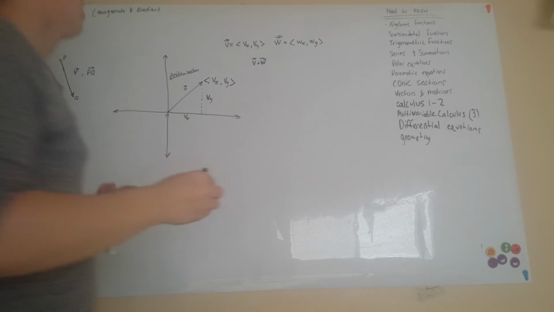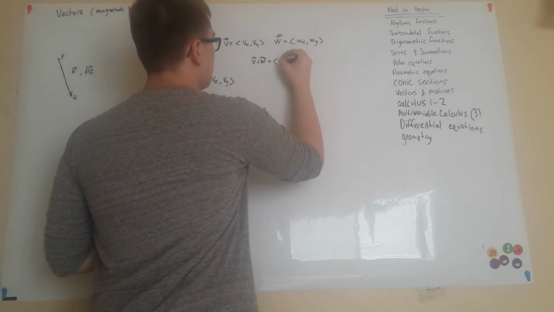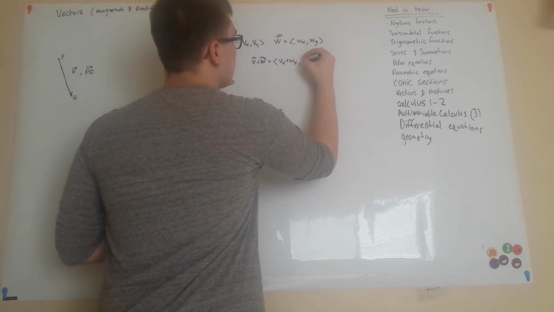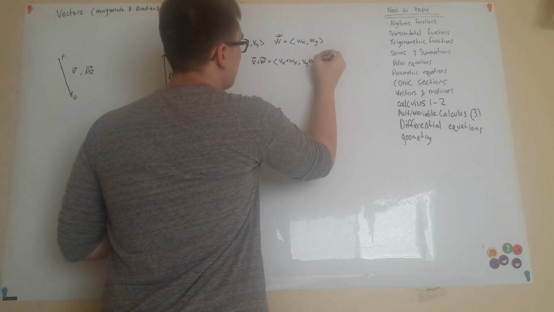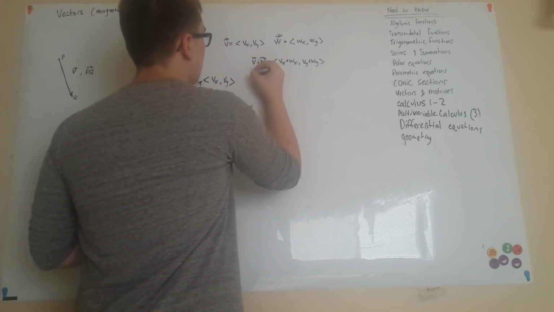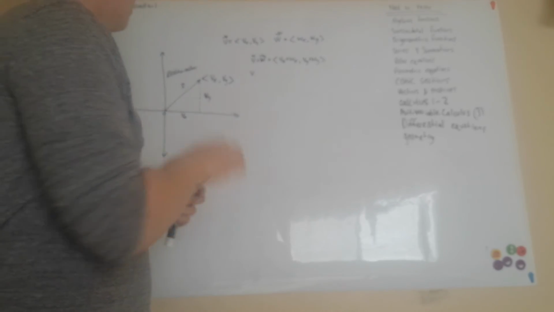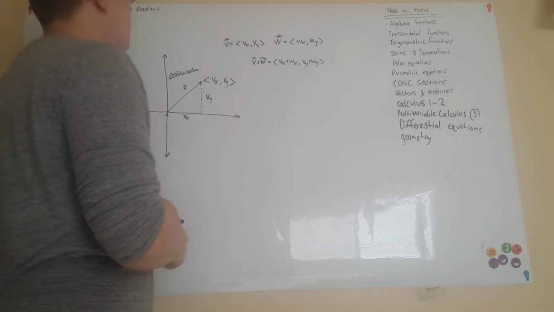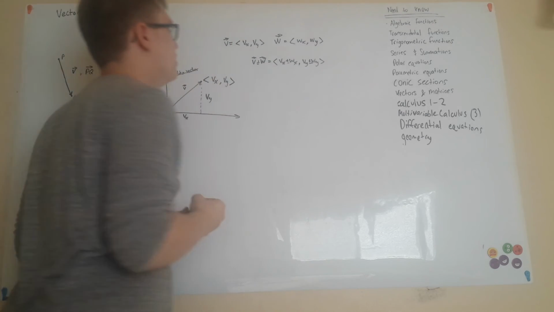Well, turns out the sum of the vectors is just the sum of their components. And same with subtraction. So plus or minus would work the same way.